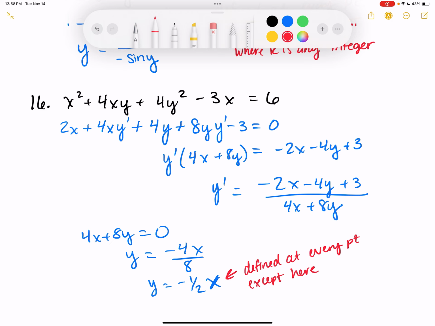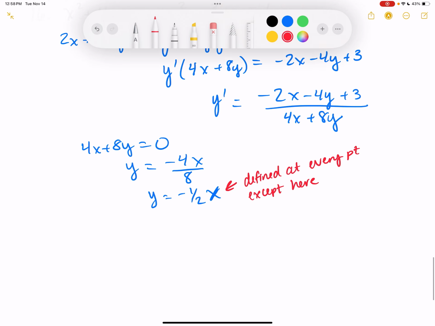Let's do number 18. I've got x squared plus y squared equals 25. What is this?